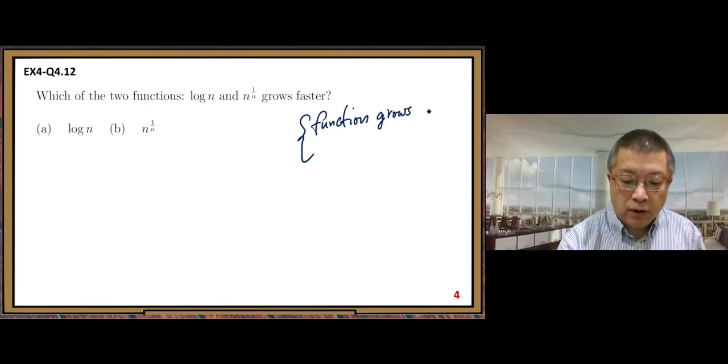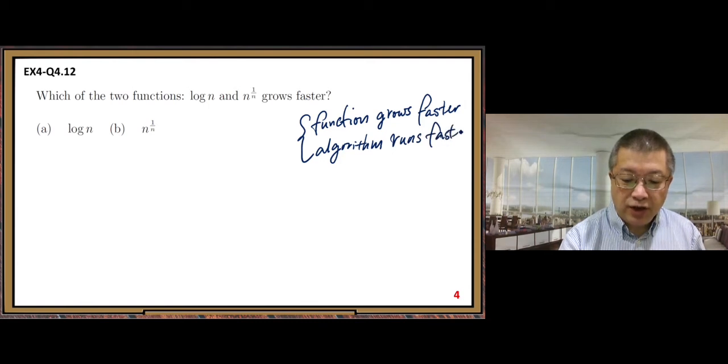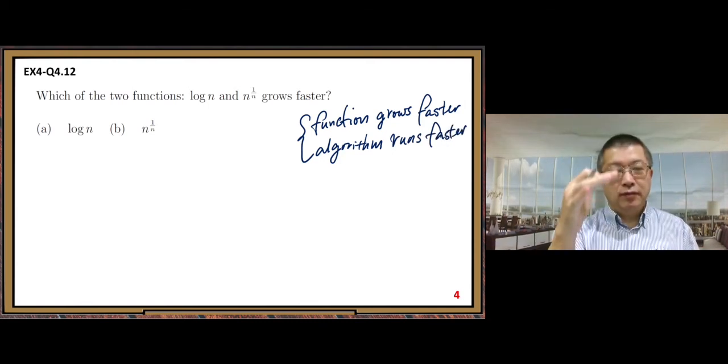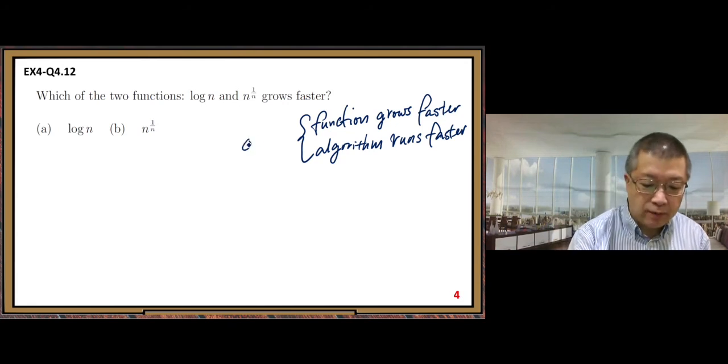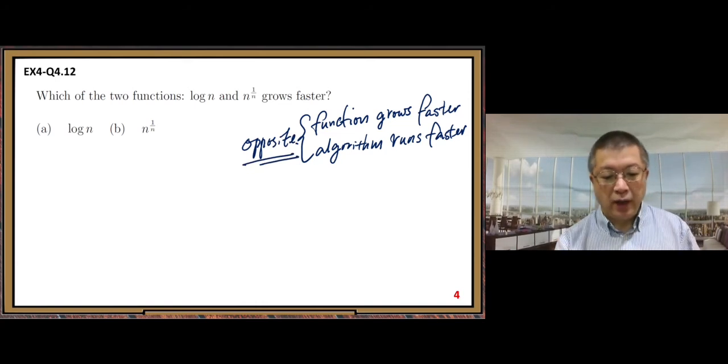A function grows faster, and an algorithm runs faster, so these two things are completely different and opposite.